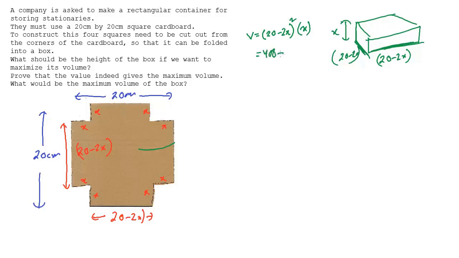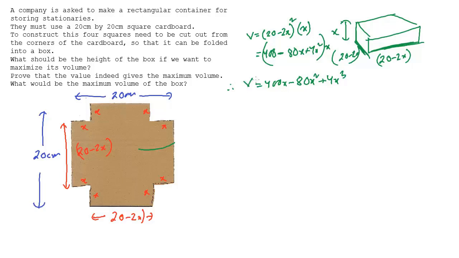So 400 minus, 2ab is 2 into 20 is 40, 40 into 20 is 80, so 80x plus 2x whole squared is 4x squared, and we have an x here. Then we multiply: this would be 400x minus 80x squared plus 4x cubed. So now we have an expression for volume.